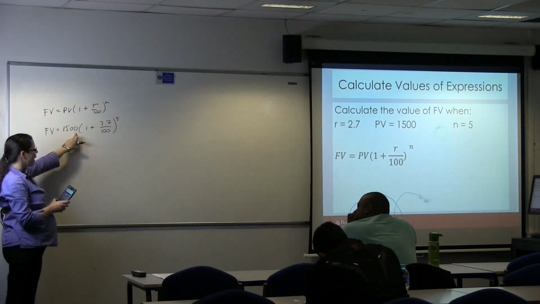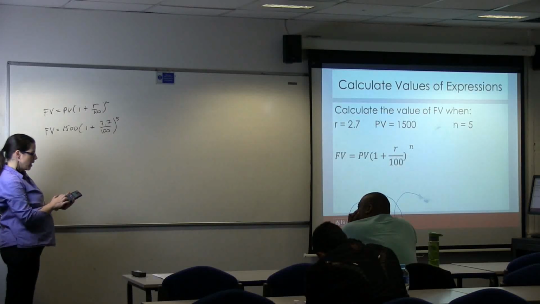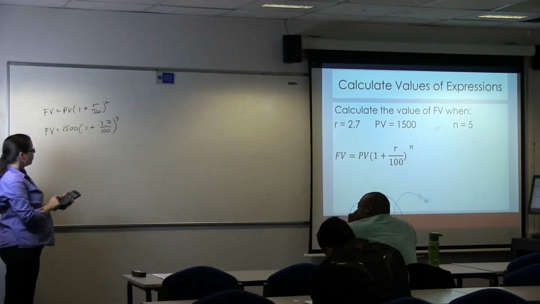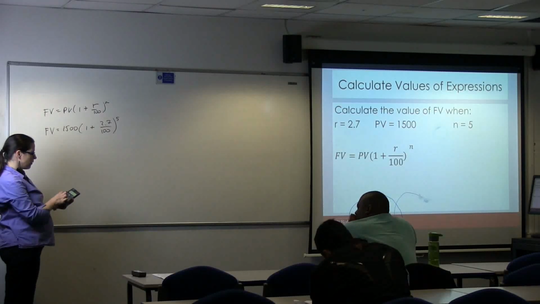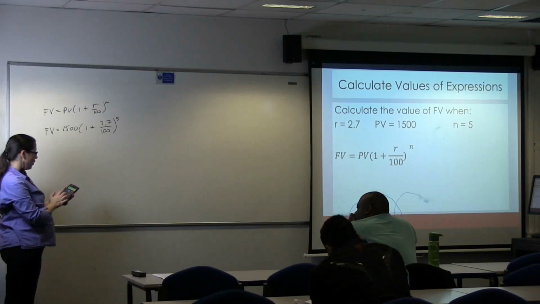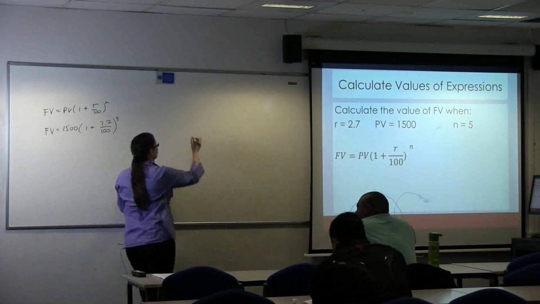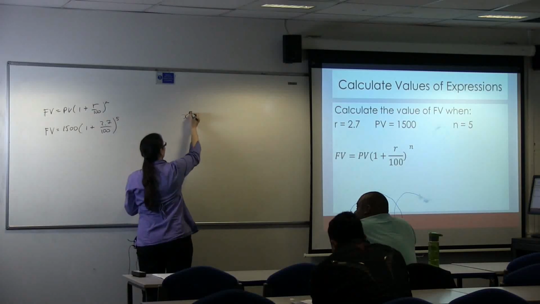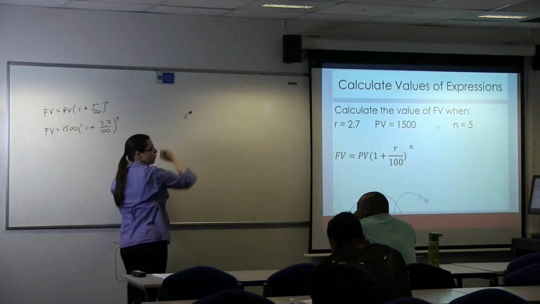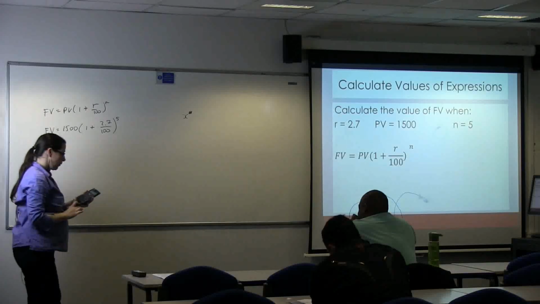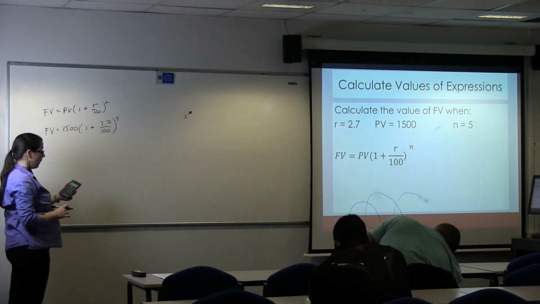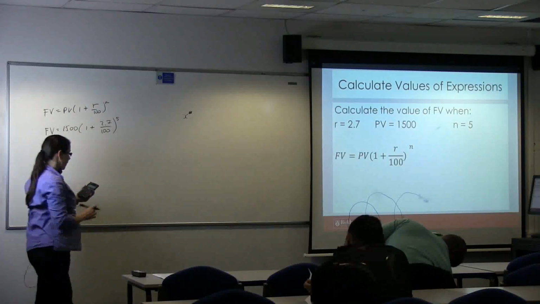You type in the 1,500, then you type the multiplication sign, you open the bracket, press 1 plus, you press the fraction button, put the 2.7 on the top, come down with the arrow, put 100 at the bottom, come out with the arrow again, close the bracket, and then you want to press the any-power button, which is this button on most scientific calculators, X with a little box. And then into that box you can type in the 5. And then just hit equal.